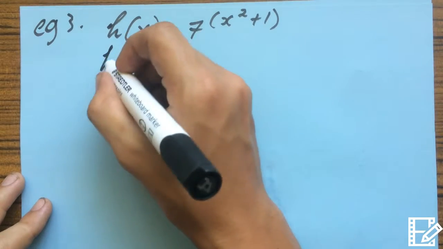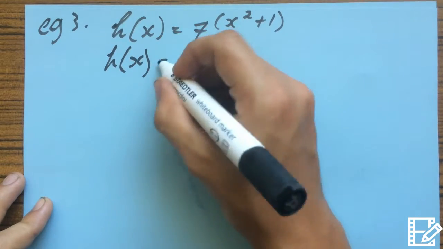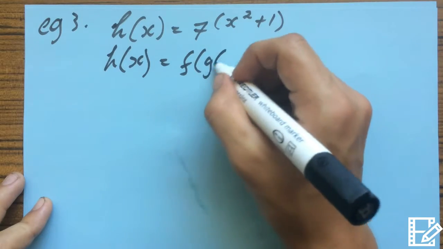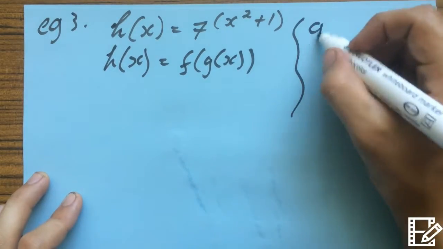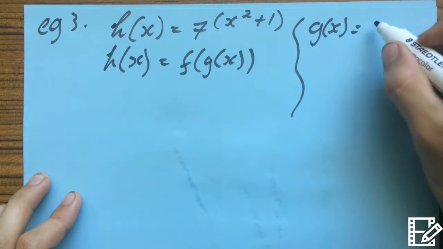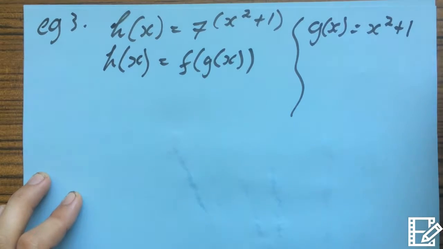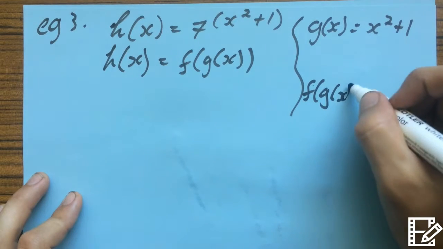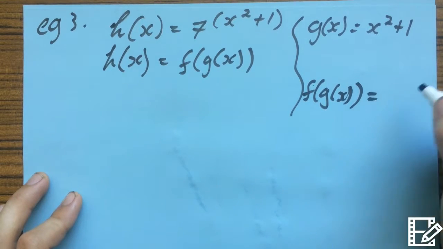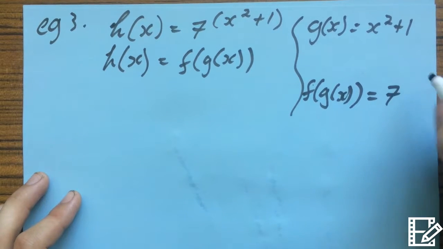So our innermost function is g(x), so we'll label g(x) as x squared plus 1, and our f of g(x) is our outermost function, which is 7 to the power of g(x).